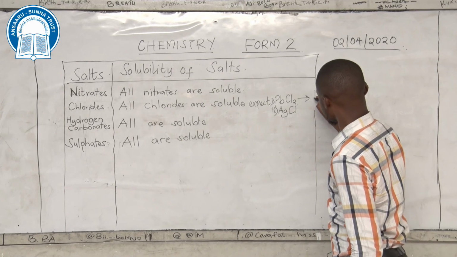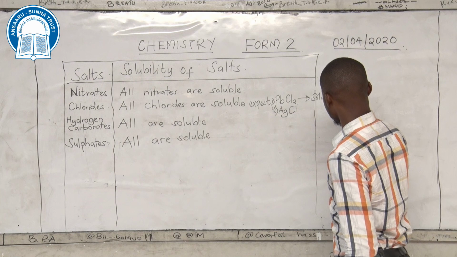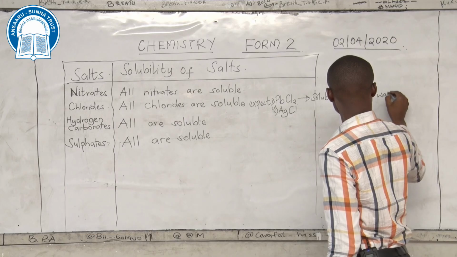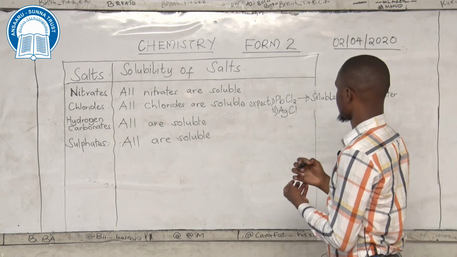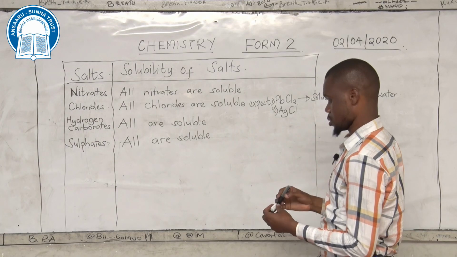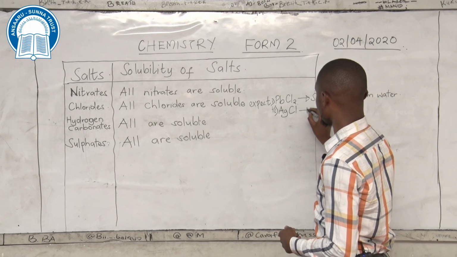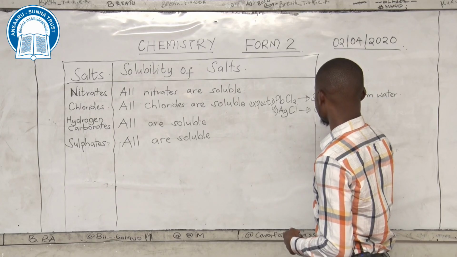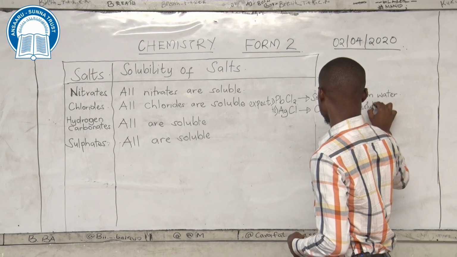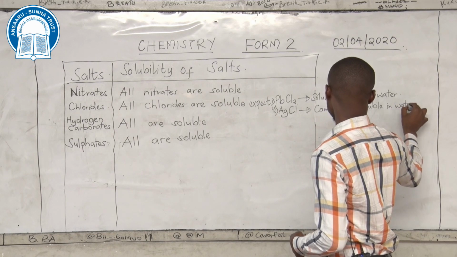For lead, it is soluble sometimes in warm water, so lead chloride dissolves whenever the water is hot or warm. The other is silver chloride, which is completely insoluble in water.